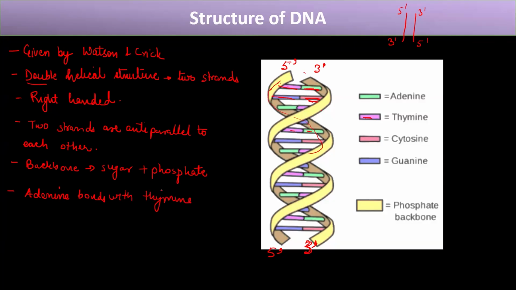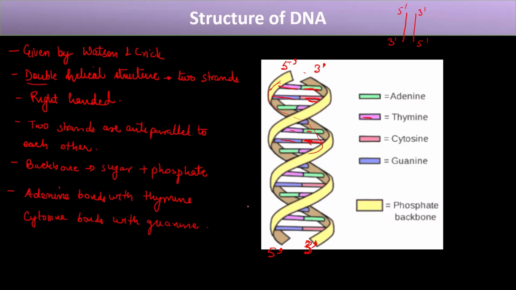Okay. Similarly, if you look at cytosine and guanine, cytosine is the red one, and the blue one is guanine. So everywhere cytosine is bonding with guanine. So cytosine bonds with guanine. So this is the structure of DNA.